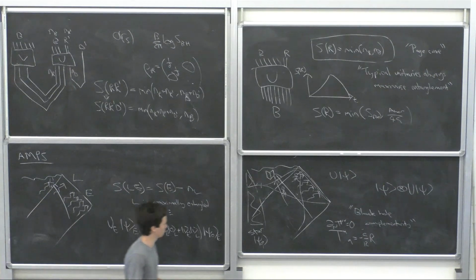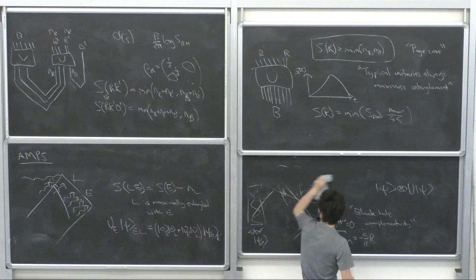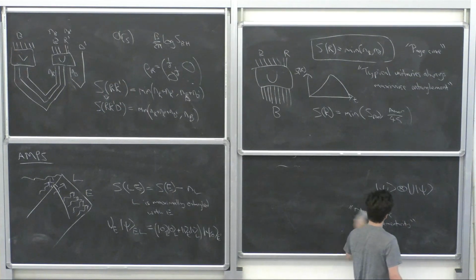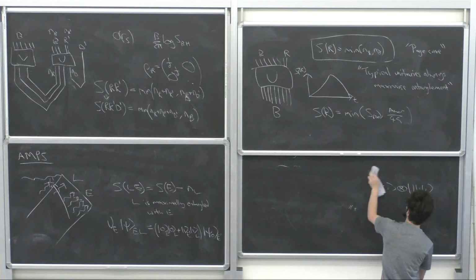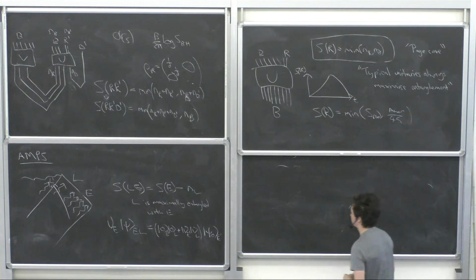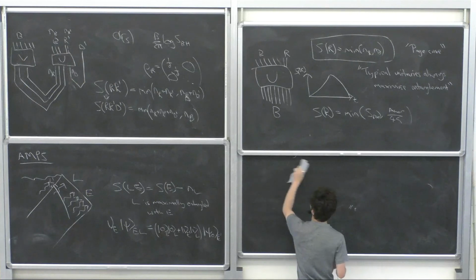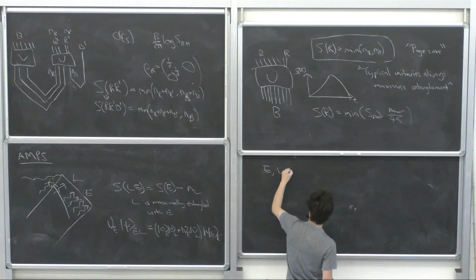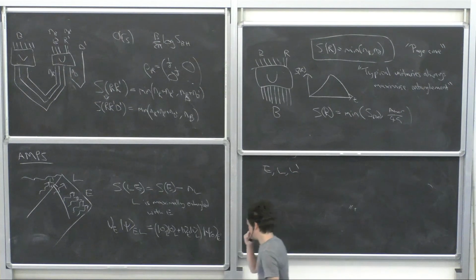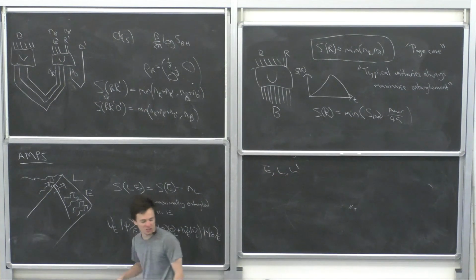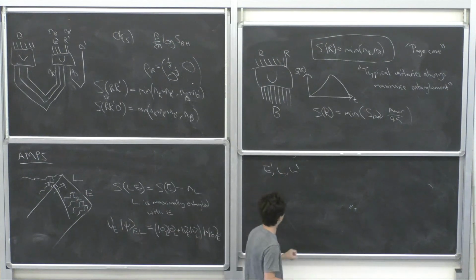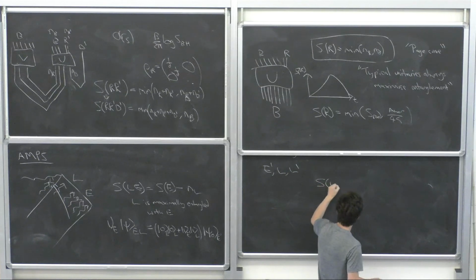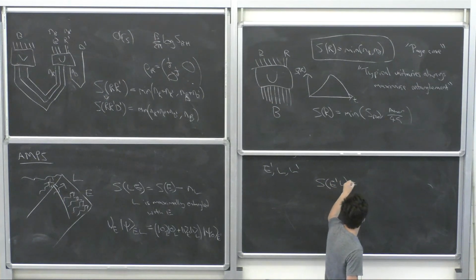Okay, so now he has 3 qubits: E, L, and L prime. And the claim of the Page curve is that E prime is maximally entangled with L. So S of E prime and L is equal to 0.